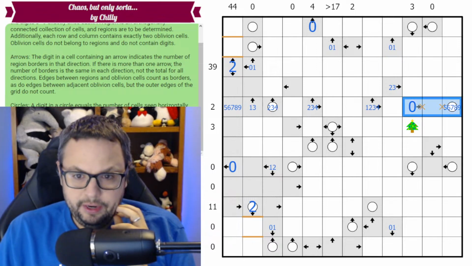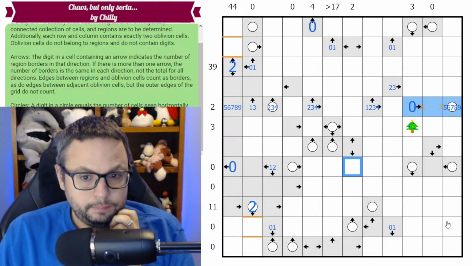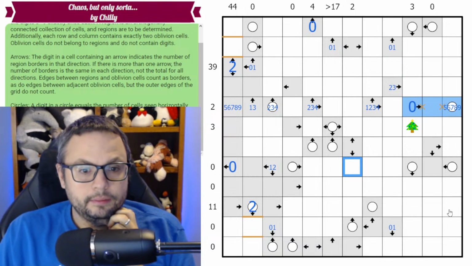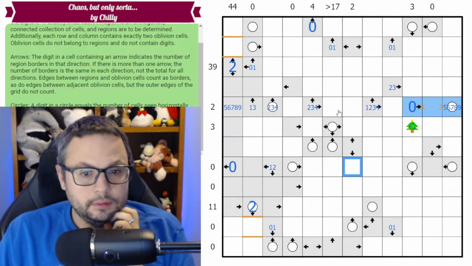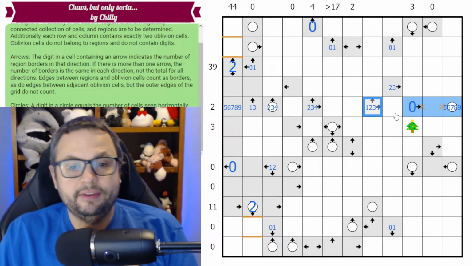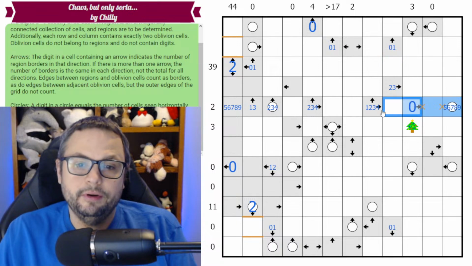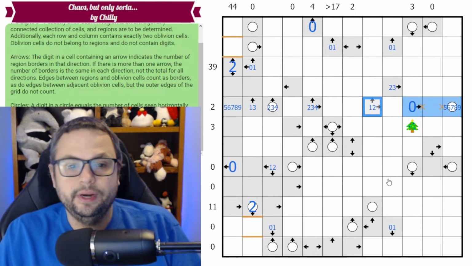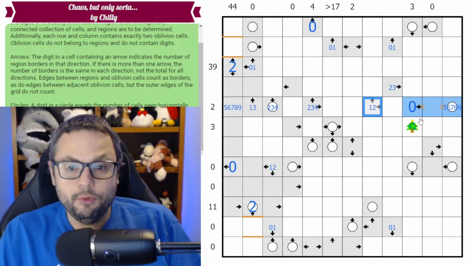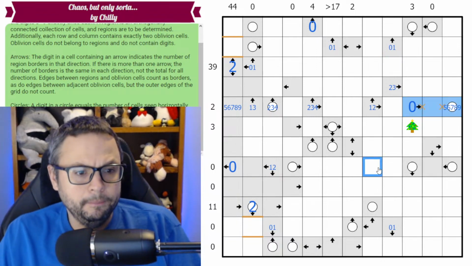I will make this region blue to start. So now this is quite restricted because now it can't be a 4 or a 3 because it can see at most 2 borders now. So this isn't 3 or 4 anymore because of the absence of borders over there.